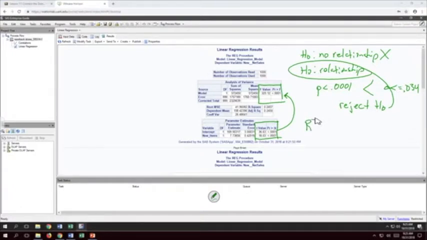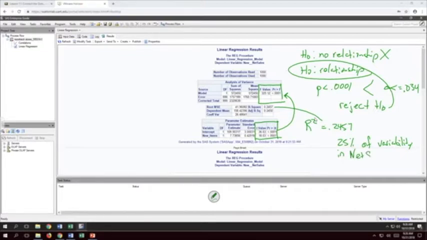Our R squared value is 0.2457. So we can say, if I round, 25% of the variability in our dependent variable, which one was dependent?